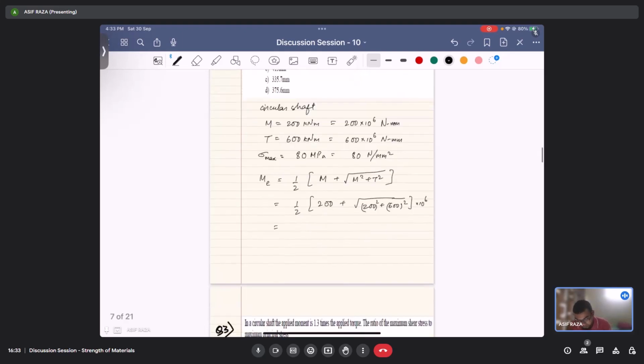So this comes out to be 416.23 into 10 power 6 Newton millimeter. Okay.